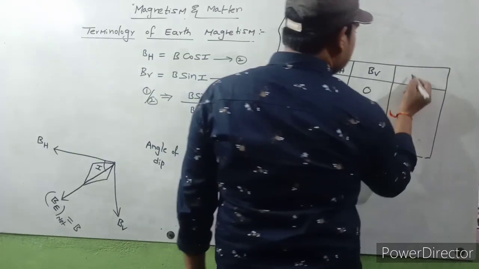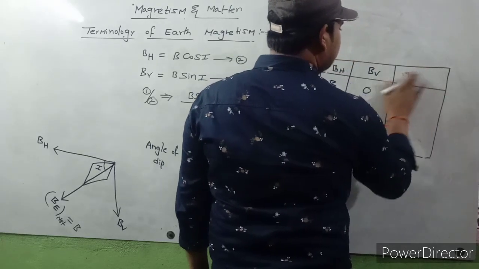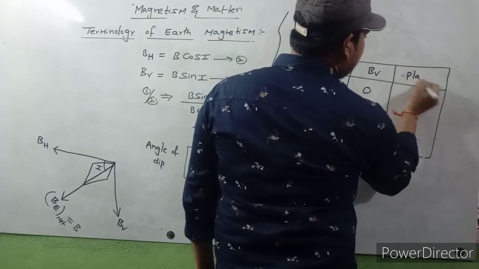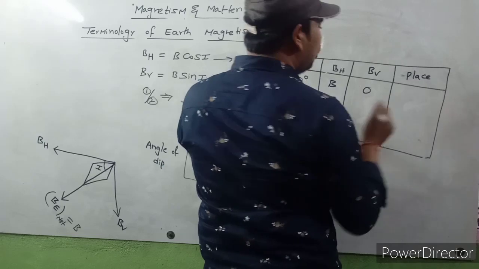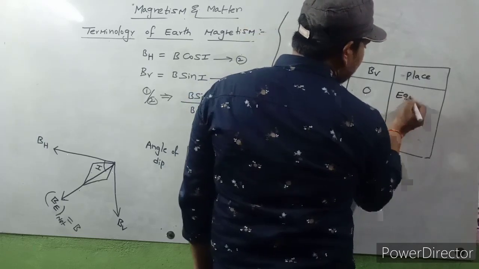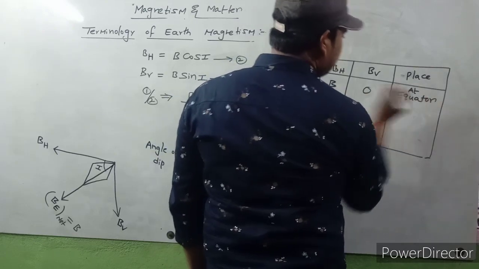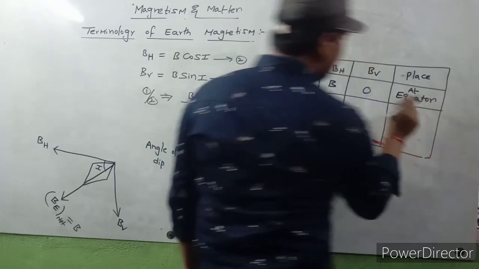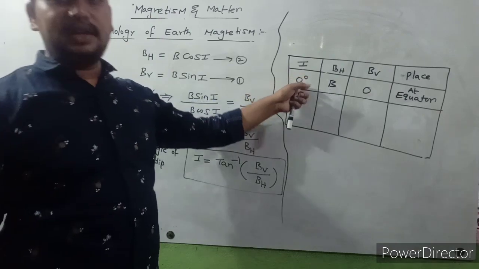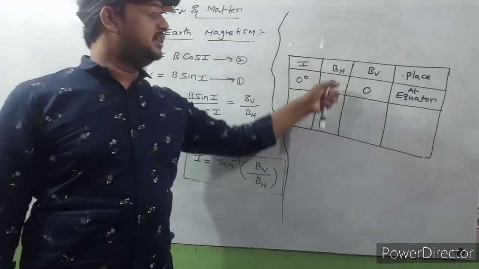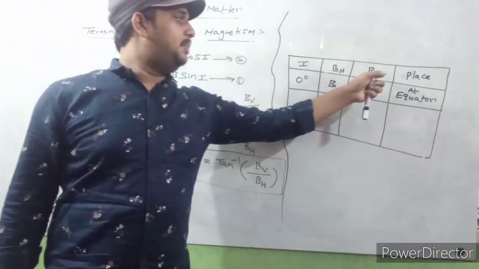Where is this place? I is equal to 0 degrees means definitely this is the equator. At the equator, I is equal to 0 degrees, BH is equal to B and BV is equal to 0.